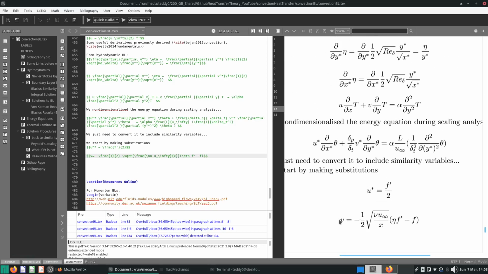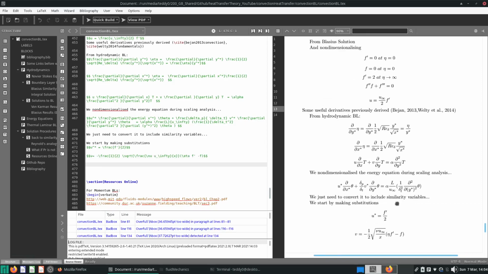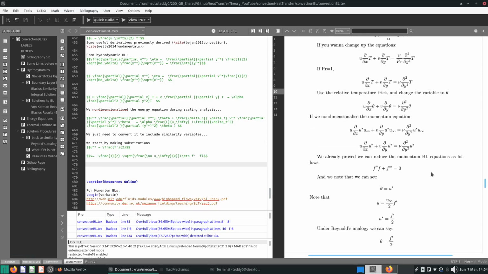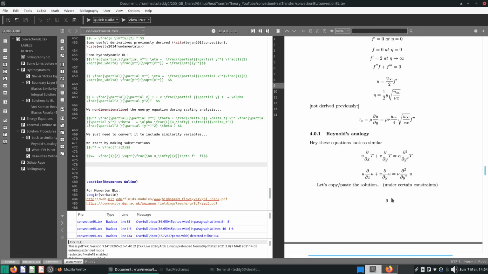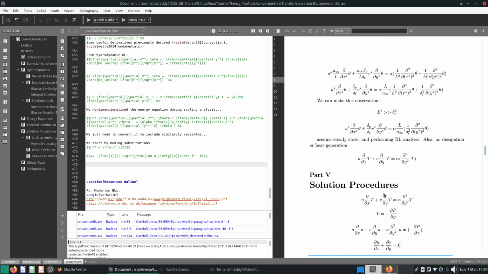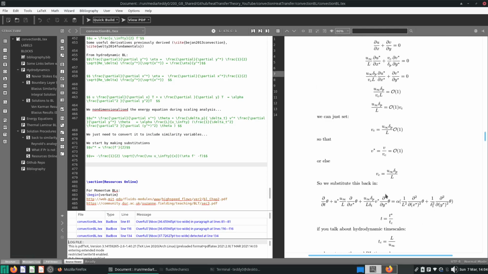So how did we non-dimensionalize V? If I can remember, I'll just have to go back and refer. All the notes are there. How do we non-dimensionalize V? With some characteristic V velocity.